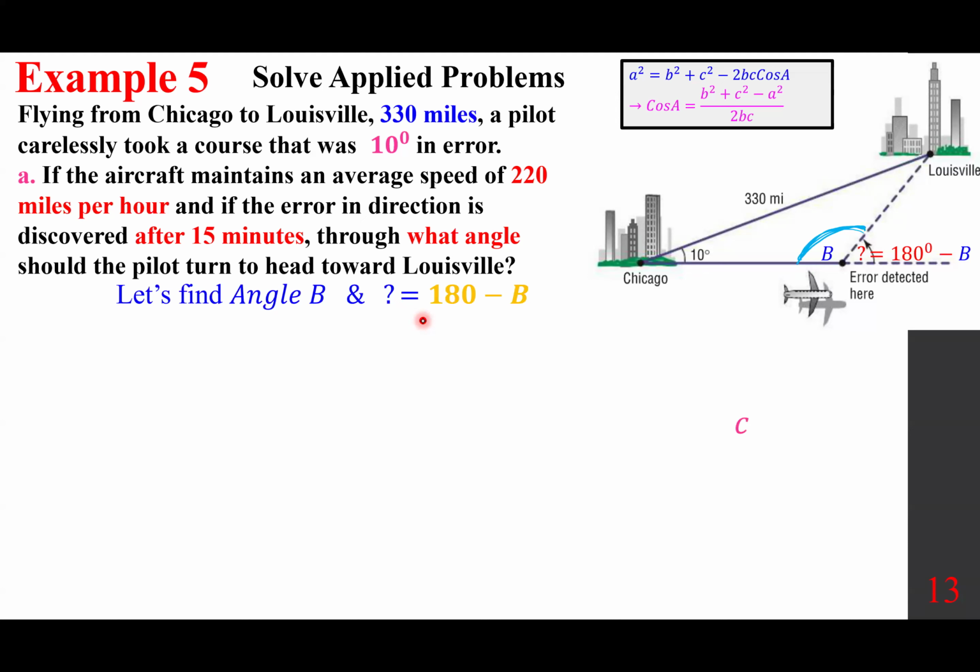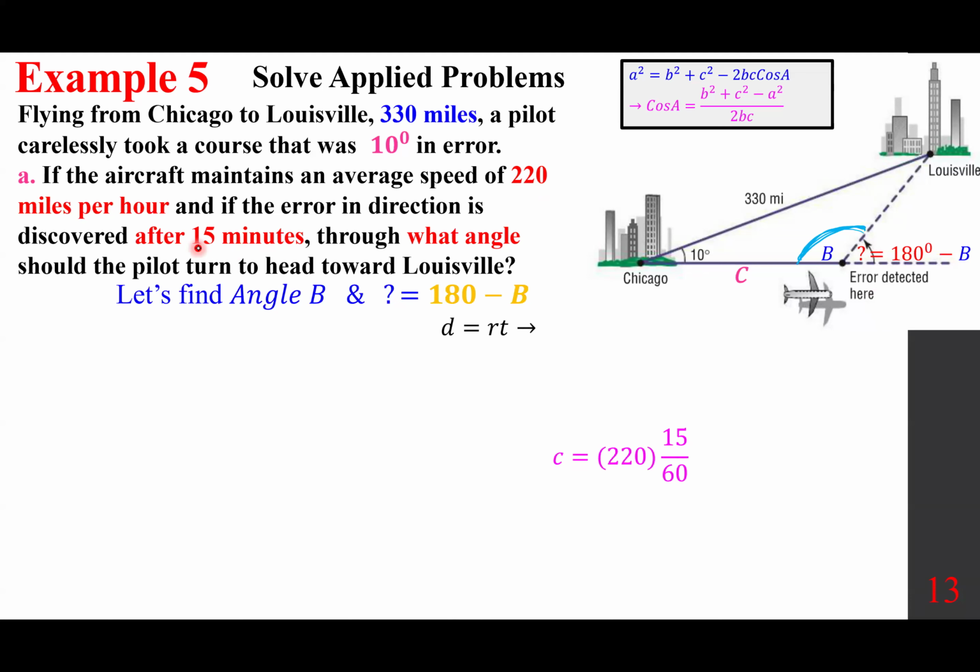Well, D equals RT. This distance is C, let's say, and we have been going for 15 minutes. What is our speed? 220. So let's see what we covered. D equals RT, the rate is 220, and the time is 15 over 60.